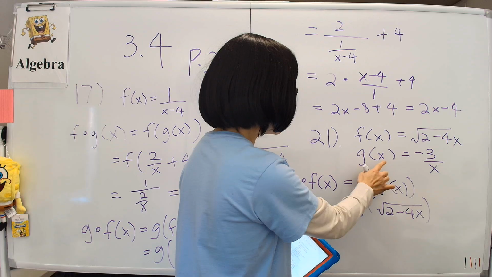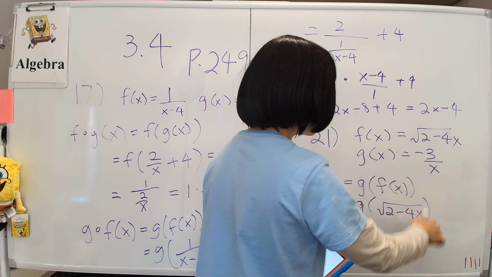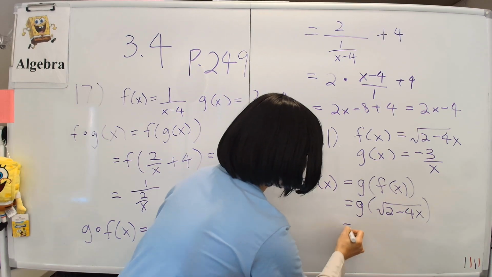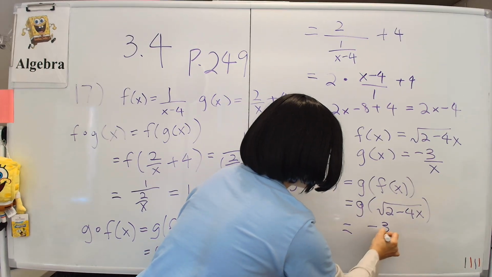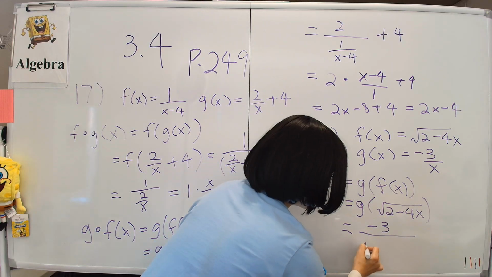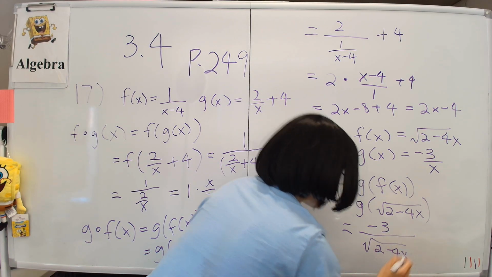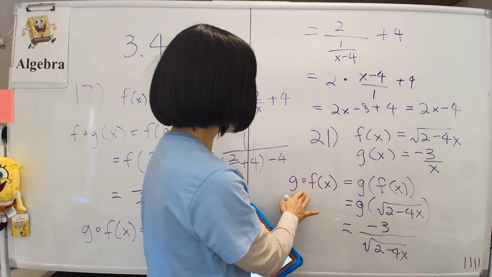What does g do? g takes whatever input and puts 3 on top and divides it. So we'll write that down: minus 3 divided by the input, which in this case is that thing, square root of 2 minus 4x. And that is our answer as to g of f of x.